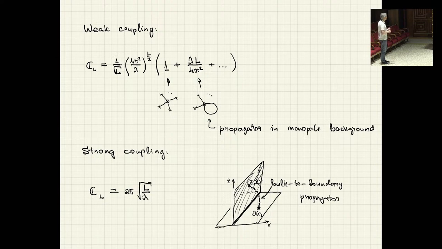At strong coupling, well, one can get an even simpler answer, and one can reproduce it by integrating the propagator in AdS, whose one end is sitting on the boundary, the operator insertion, and the other end is integrated over the D1 brane. So that also reproduces the expected result with all the coefficients.